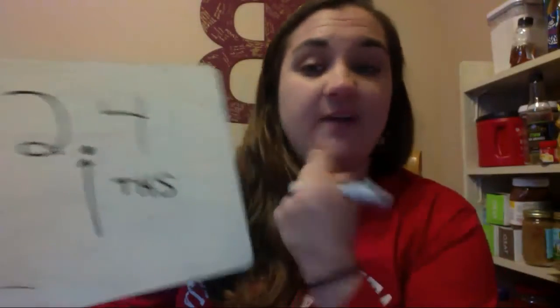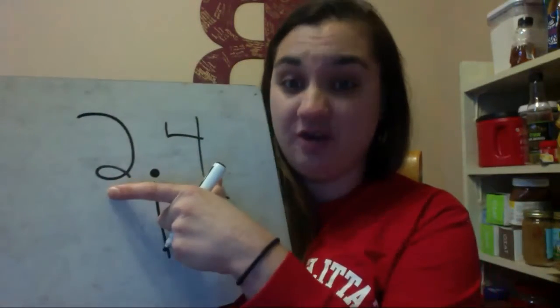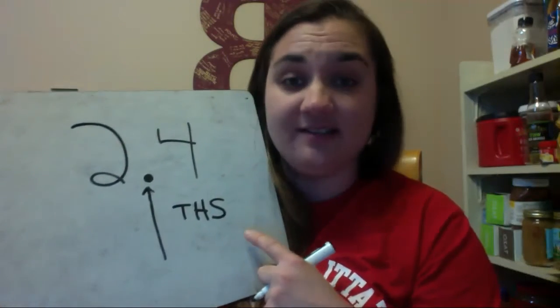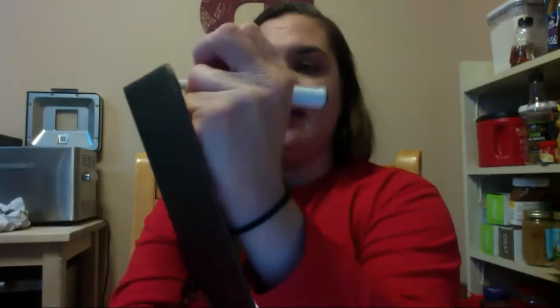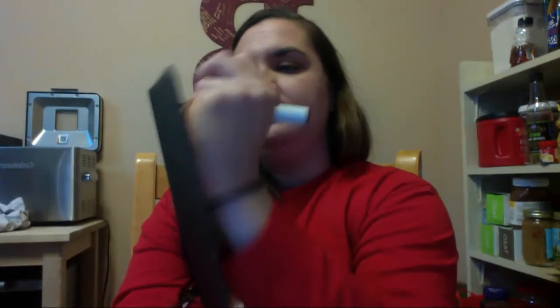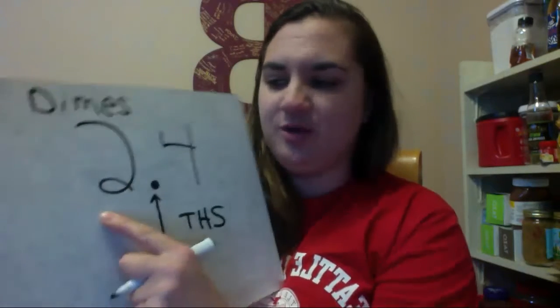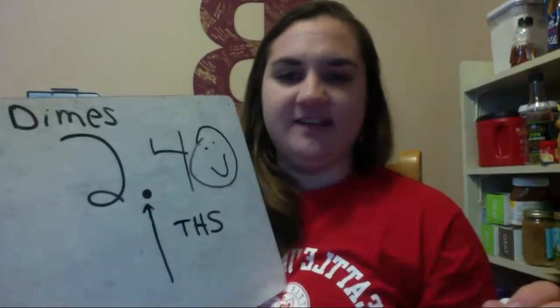Now, if I wanted to show how much this was in tenths in general, so say I want to say 2 and 4/10, just using tenths, this is just like asking myself, how many dimes would I need to make up $2.40? Remember, I can add a smiley face 0 here because it doesn't matter.